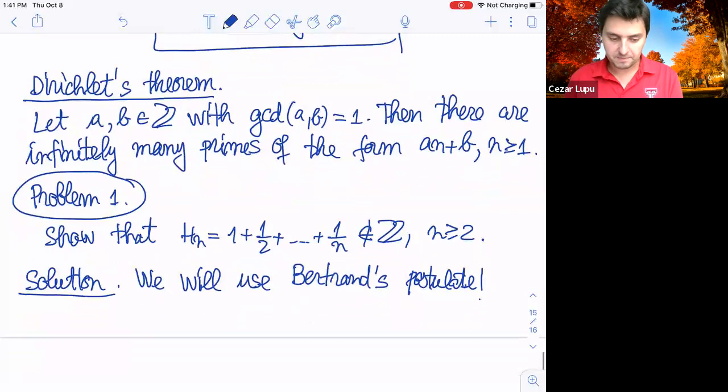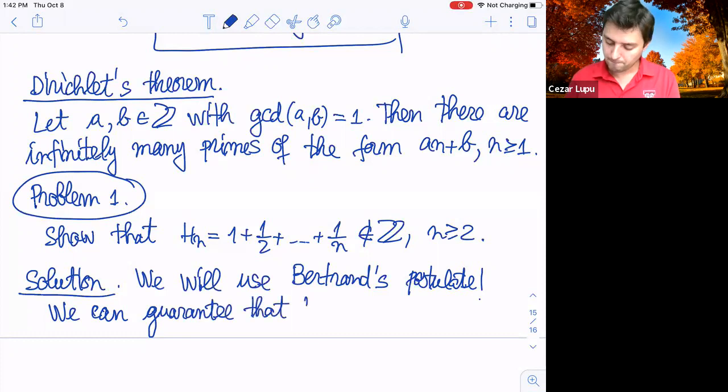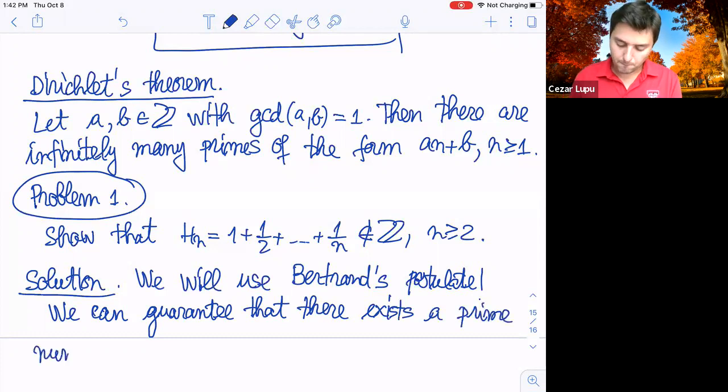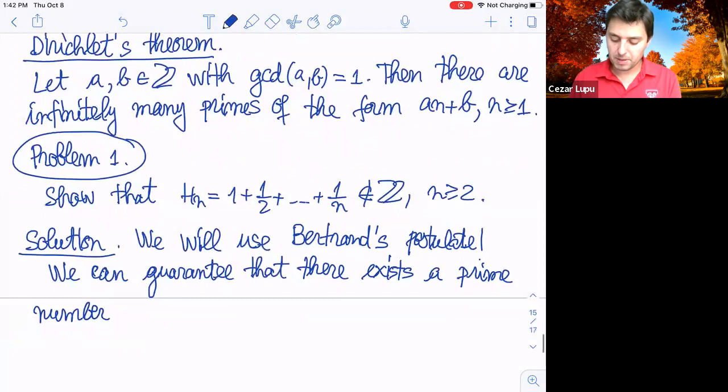So Bertrand's postulate guarantees that there exists a prime number P in the interval between n and 2n.